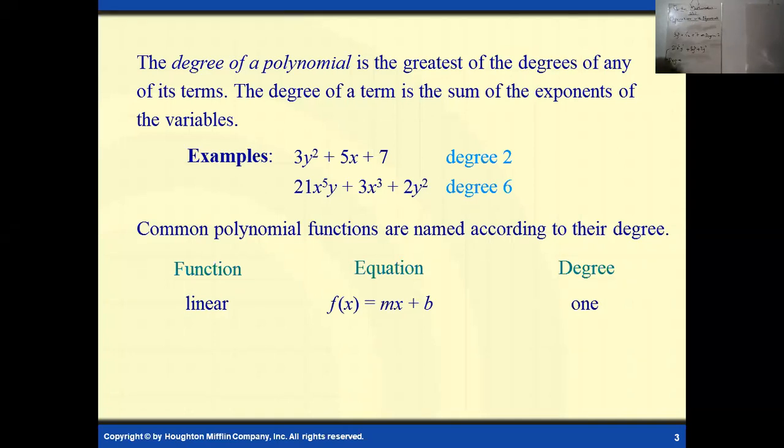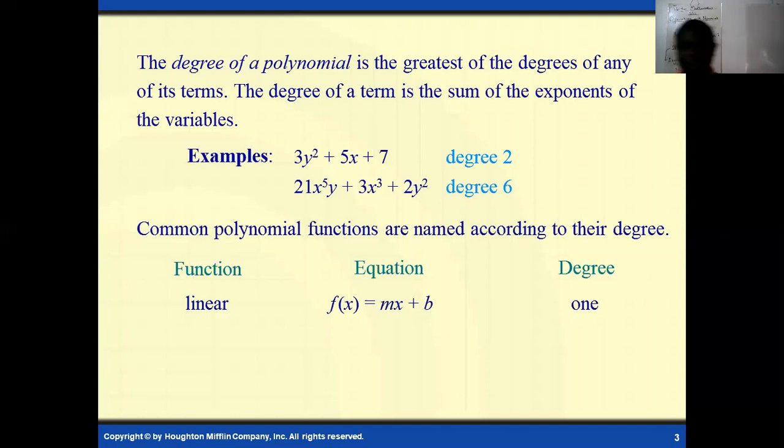So this is of degree 6. Now, if you have something like y equals mx plus b, for example y equals 4x plus 2, this is an equation of a straight line. So in this case, this is of degree 1, just 4x, as you can see. So this is of degree 1.